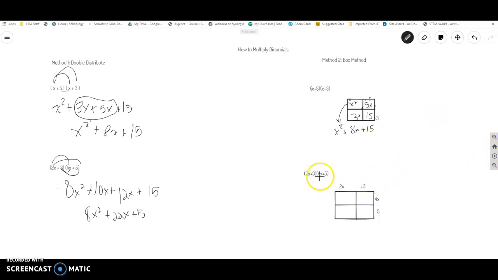Once again, you're going to set everything up like lattice. First term goes on the top. Second term goes along the side. 3 times 4x is going to give me a 12x. That's going to go here inside this box.